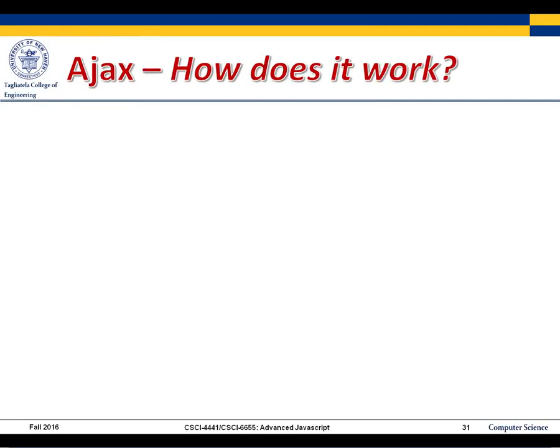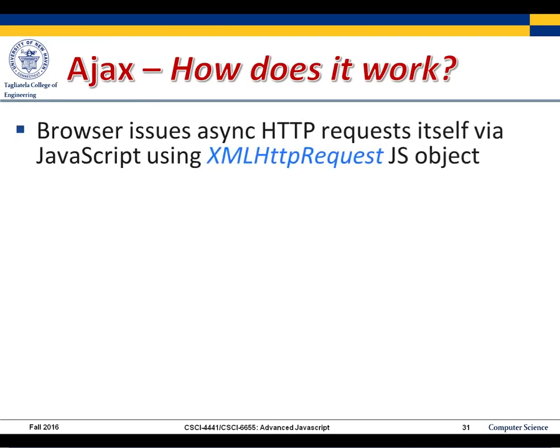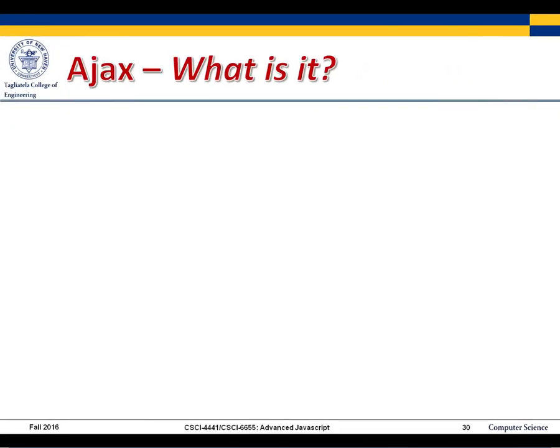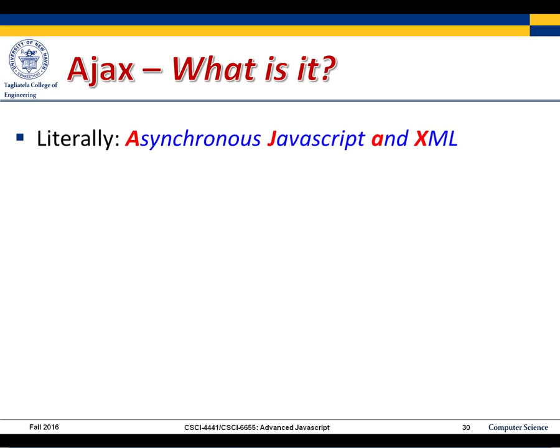So, Ajax, how does it actually work? Well, before I do that, what is it? That's a better question first. Ajax literally comes from asynchronous JavaScript and XML. That's a term that the person who first thought of using the tools this way came up with.